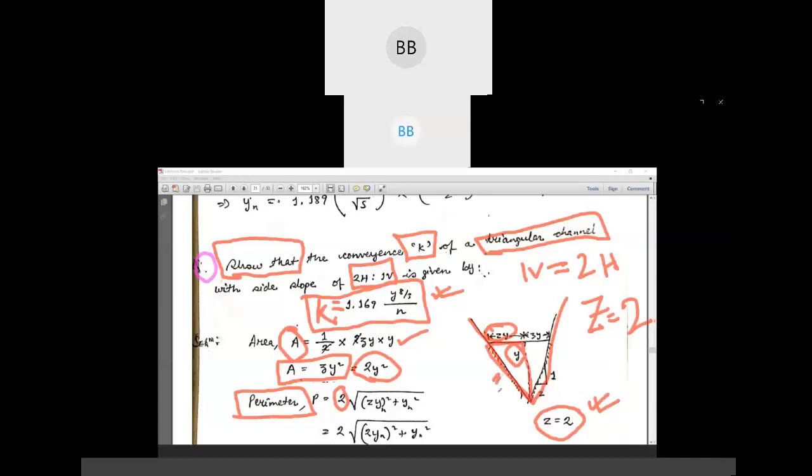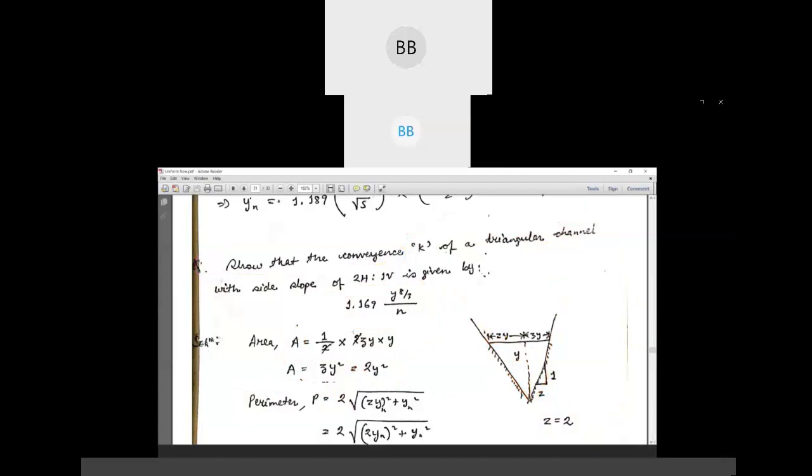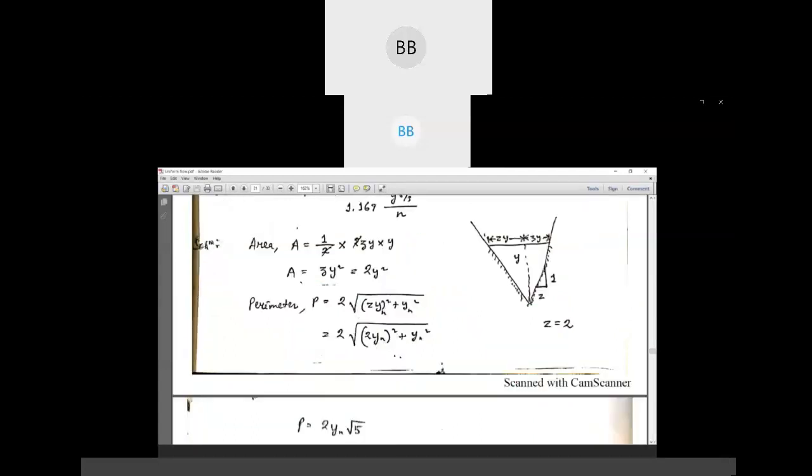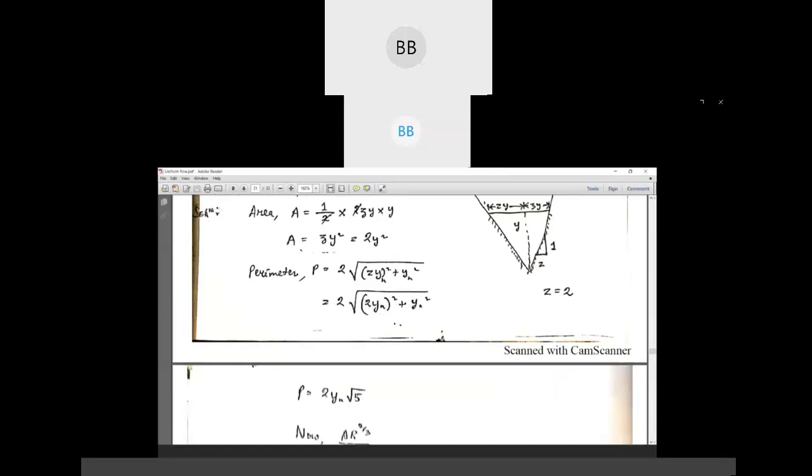This side is equal to root over this side square plus y square. Here y square is common, so we can bring it out. So 2 square is 4, plus 1, it's root 5. If you solve, you will get twice y root 5.